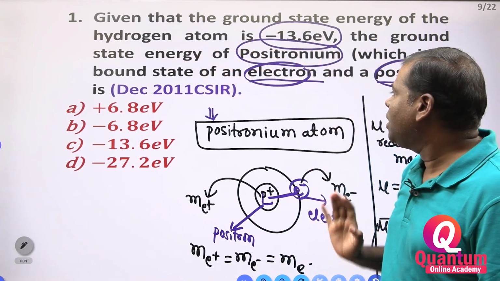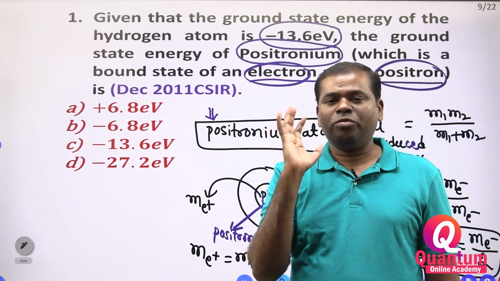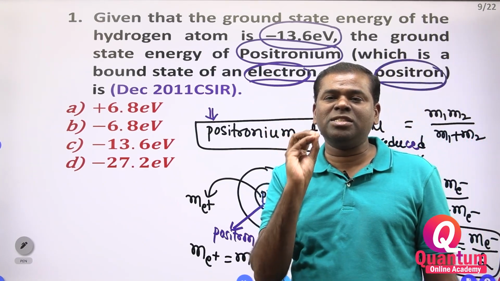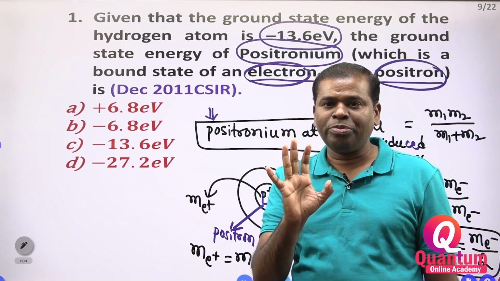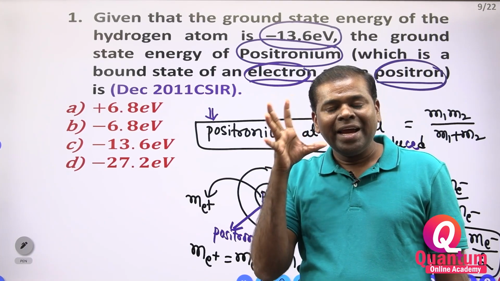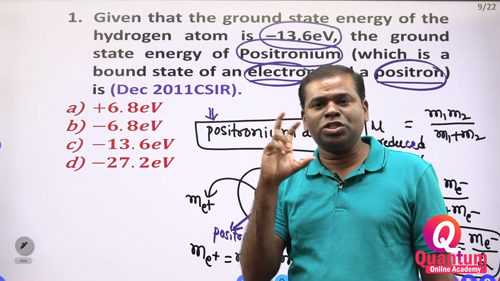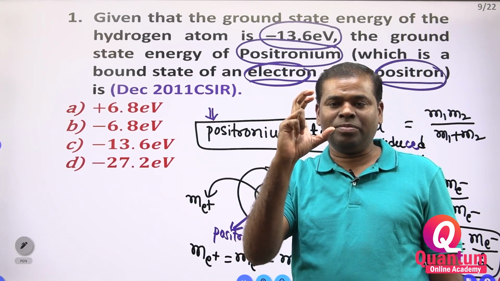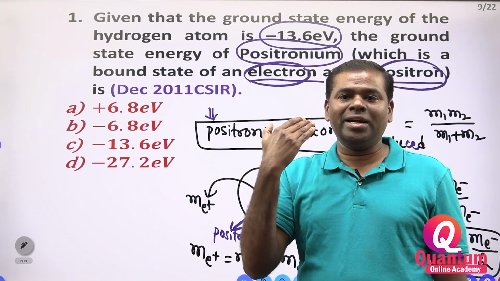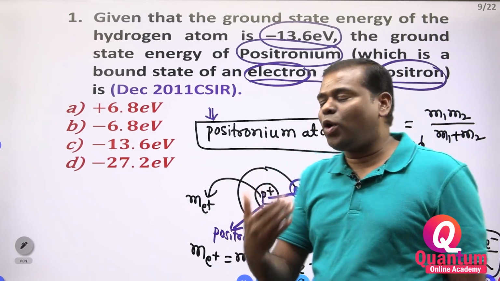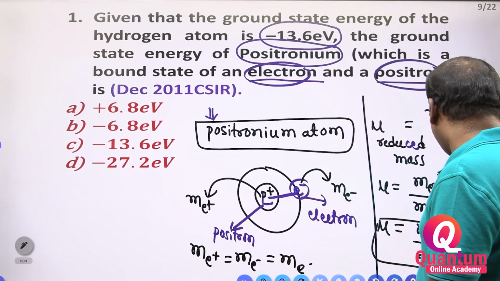What is positronium? It is a combination of a positron and an electron. Then you calculate the reduced mass, then you apply the finite mass correction formula.